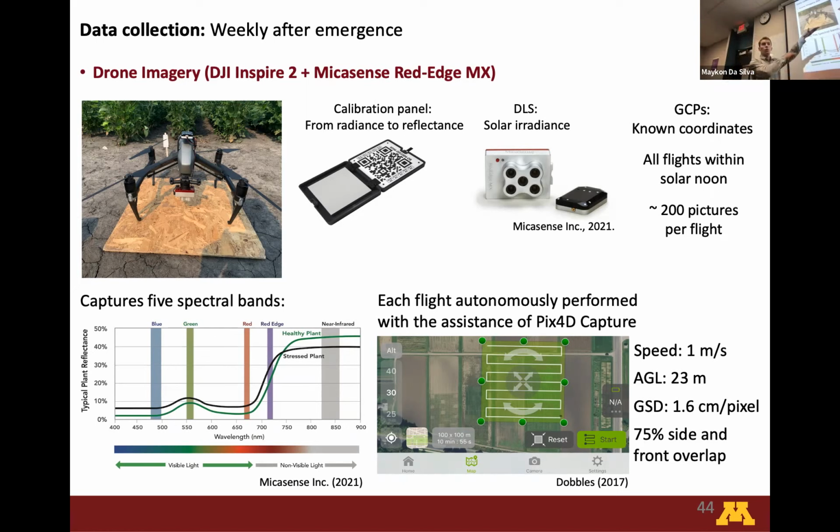Radiance is basically what the camera or the drone sees, but that could be affected by atmospheric conditions. So what we want is reflectance. Reflectance is the intrinsic characteristics or properties of a surface or a target, and that's a derived value. So the calibration panel and the DLS are important to derive reflectance from radiance.